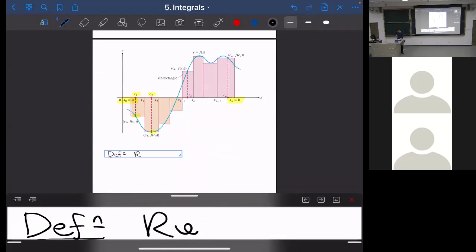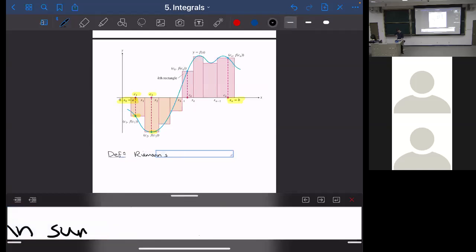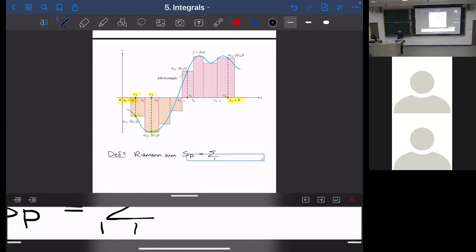The Riemann sum S_P, so remember P is the partition, the choice of intervals, is the sum, using my sigma notation, and I'm going to sum over all the boxes.